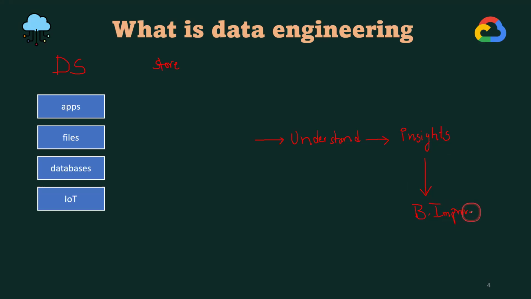That is the reason each and every company nowadays is recruiting data engineers, whether it is a startup company or a product based company. Every product nowadays has data engineers because they want to understand the business properly. If they understand the business properly, they get some insights. Those insights are very useful for the decision makers to take a proper decision so that their business gets improved.